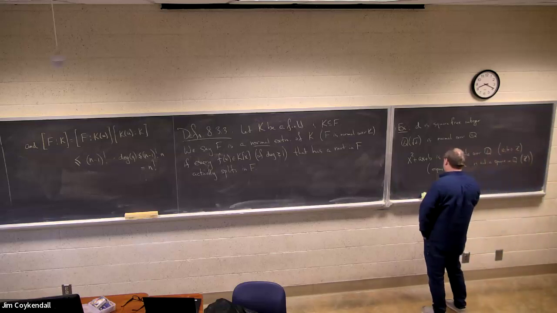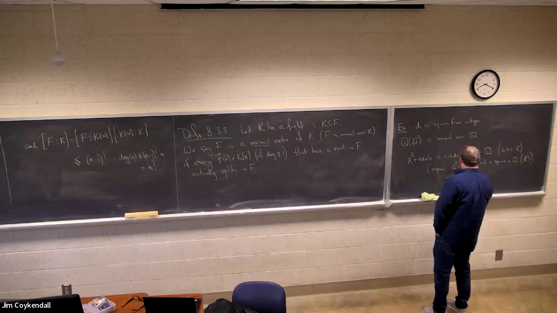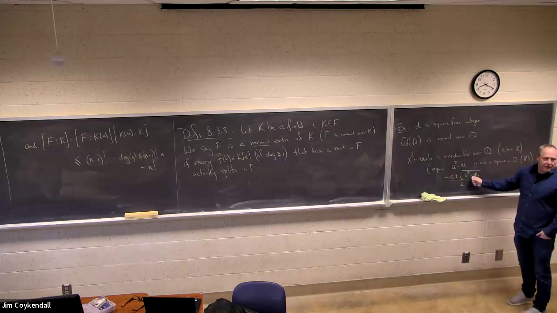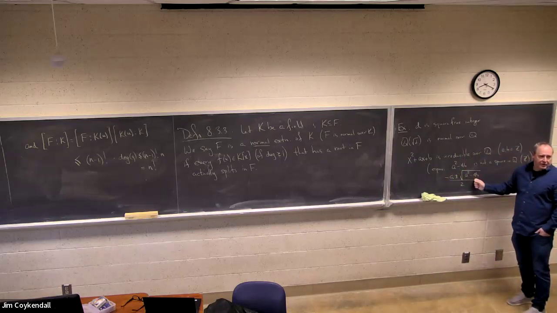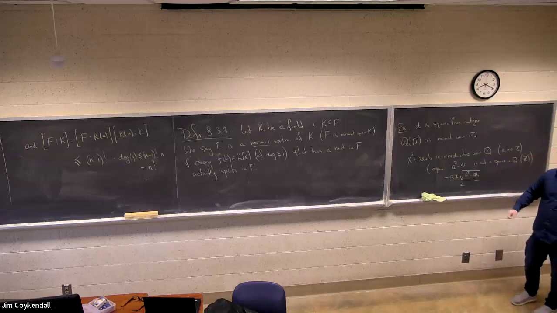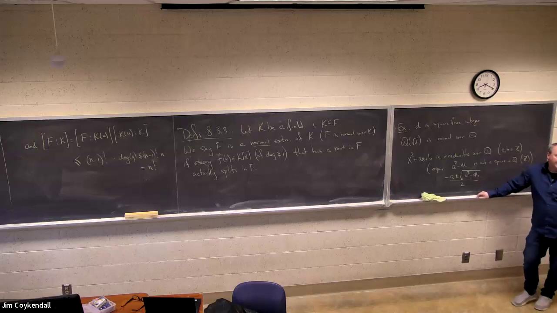And the roots are rational if and only if this square root is rational, if and only if a squared minus 4b is a rational square, if and only if a squared minus 4b is an integer square.